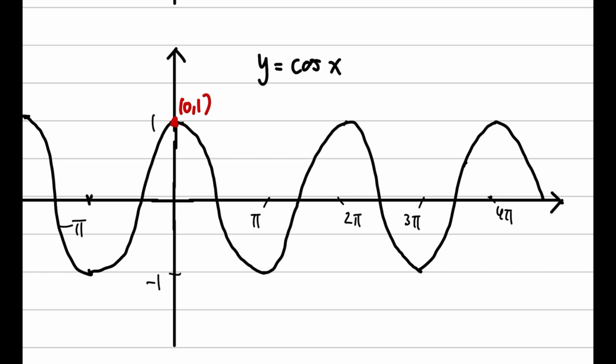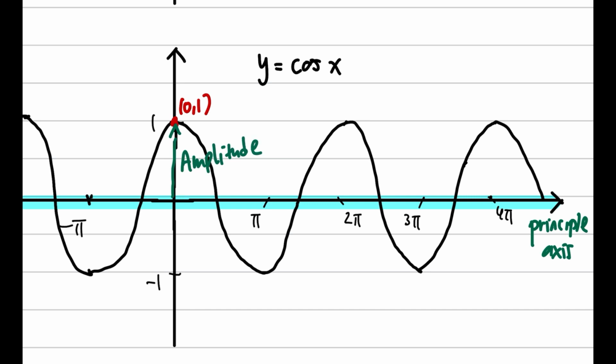Now, the cos x also has a principal axis, which is the middle line of the graph. It also has amplitude, which is the same thing as the sine, and the period is also basically the same thing, 2 pi, because inside of this range we have one valley and half a hill, another half hill.